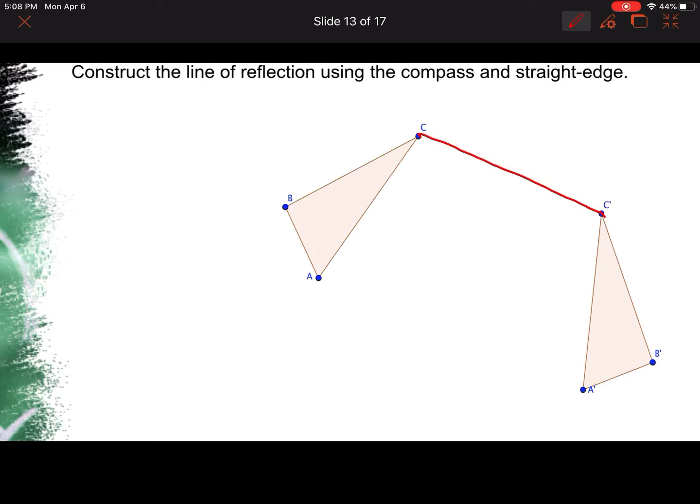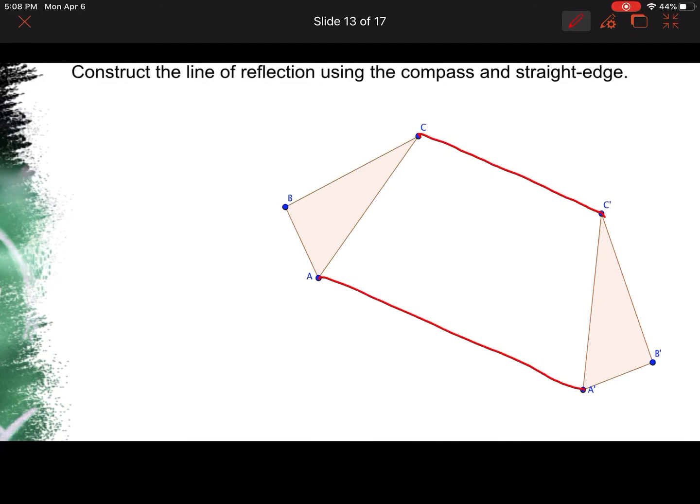With this segment right here, if I construct the perpendicular bisector, that will be the line of reflection. And I can actually choose any of these sets of points. I could do C prime and do that perpendicular bisector, or I could do A prime and do that perpendicular bisector.